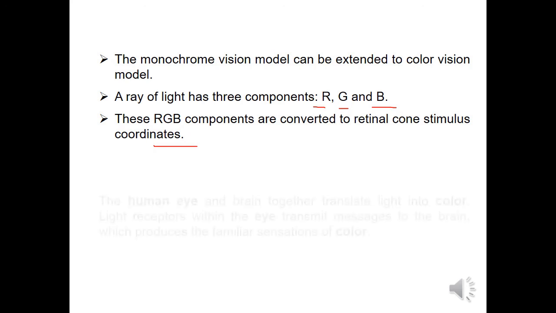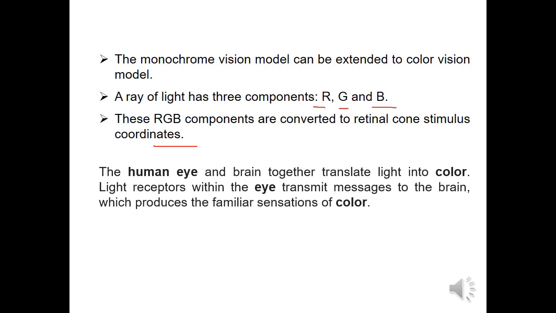In a computer, it can be achieved using matrices. Actually, the human eye and brain together translate light into color. Light receptors within the eye, which are cones and rods, transmit messages to the brain, which produces the familiar sensation of colors.